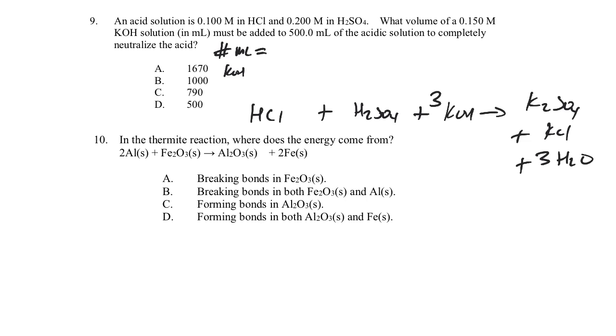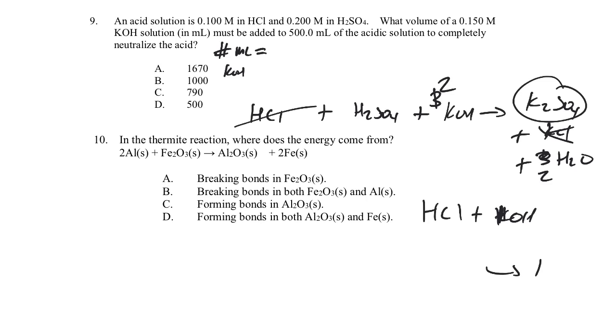Maybe an easier way to think of this problem: take H2SO4 plus 2 KOH going to K2SO4 plus 2 waters, and then in reaction 2, HCl plus KOH going to KCl plus H2O. Because I can think of how much KOH it's going to take to neutralize the H2SO4 first, then how much volume to neutralize the HCl, and then simply add them together.